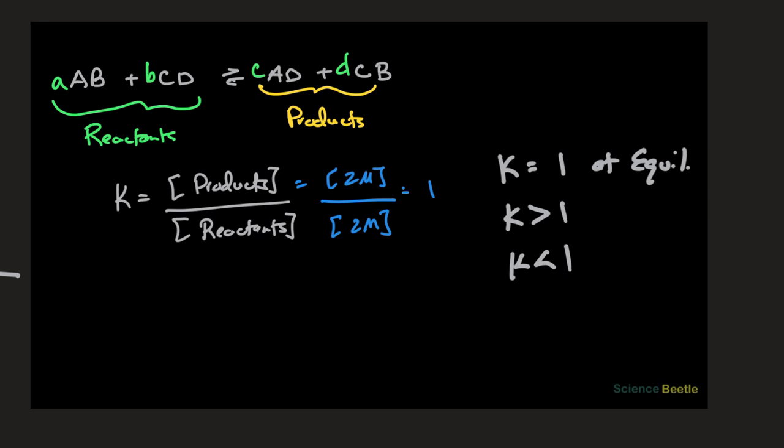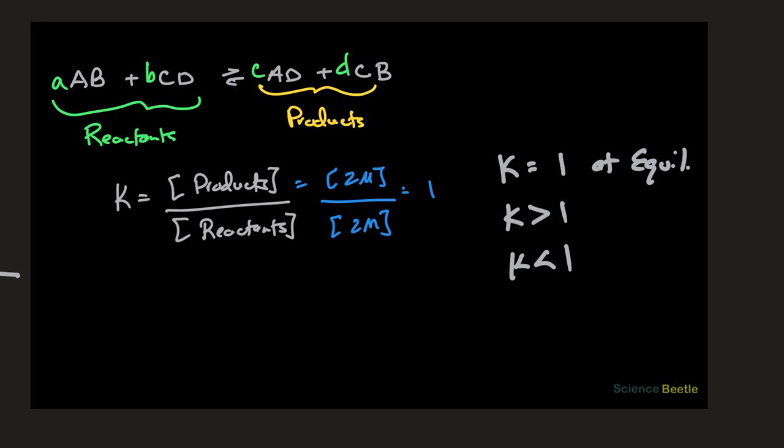It's with regards to the other two that we need to pay attention, because when K is greater than 1, the concentration of the products is going to be greater than the concentration of the reactants, and that's what gives us a value greater than 1.